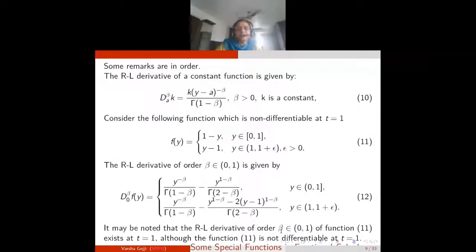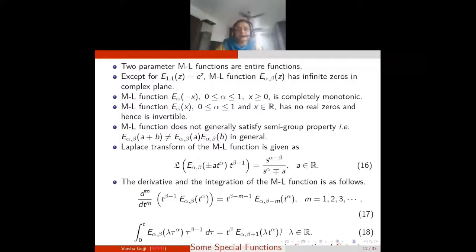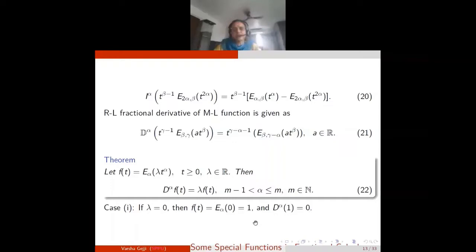This Caputo derivative plays an important role from the viewpoint of applications, because in that case the fractional order derivative of a constant is 0, which is a desirable property.